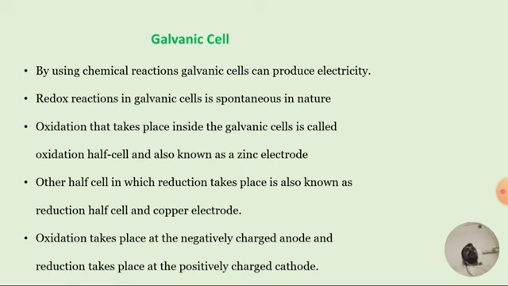In the zinc and copper example, zinc will oxidize and copper will get reduced. Oxidation takes place at the negatively charged anode and reduction takes place at the positively charged cathode.